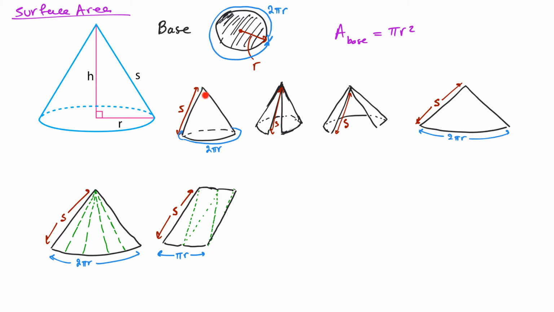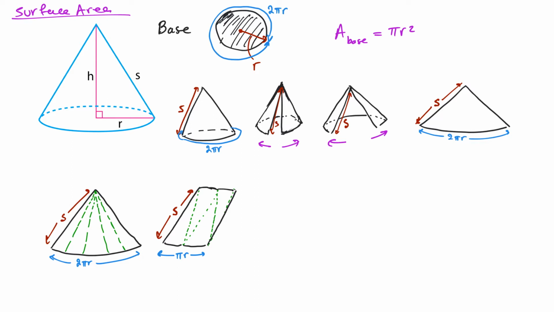If we were to cut our cone from, let's say, this line and start opening it up like this, until we get the net area, which looks like this, you can see that it looks kind of like a triangle. However, this section over here is pretty much an arc, and this arc length is equivalent to 2 pi r.